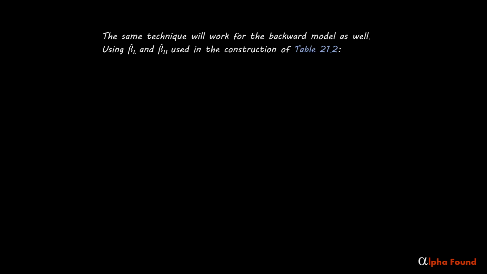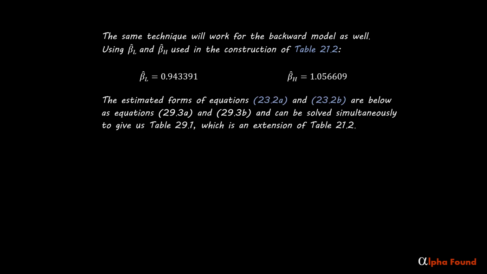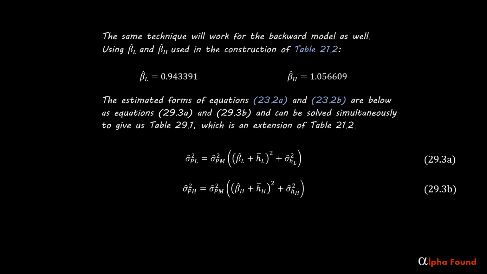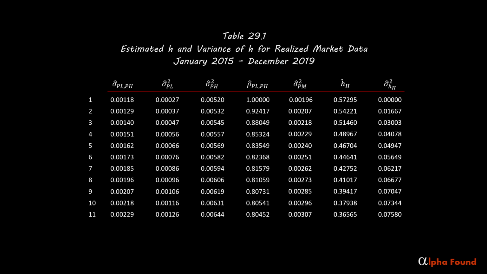Using the estimates for the low and high ideal betas used in the construction of Table 21.2, the estimated forms of equations 23.2a and 23.2b are below as equations 29.3a and 29.3b, and can be solved simultaneously to give us Table 29.1, which is an extension of Table 21.2. Table 29.1, Estimated H and Variance of H for Realized Market Data, January 2015 through December 2019.